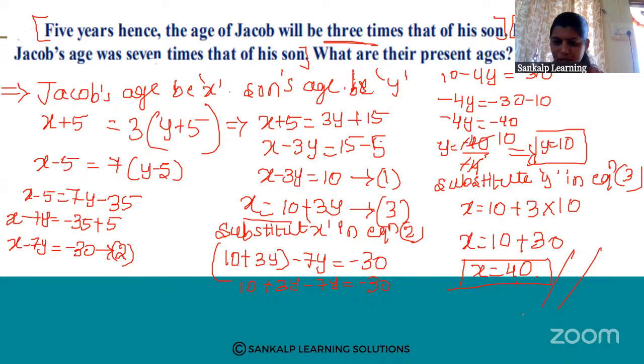Now, the x value is 40. That means Jacob's age is x. We considered Jacob's age as x, so this is Jacob's age and this is the son's age.